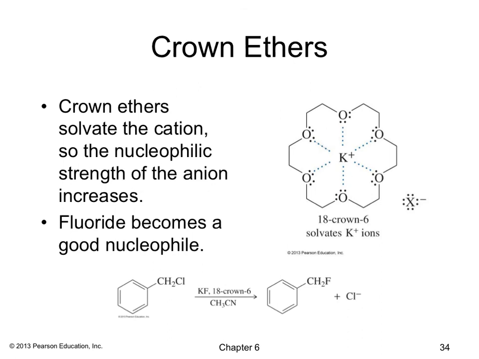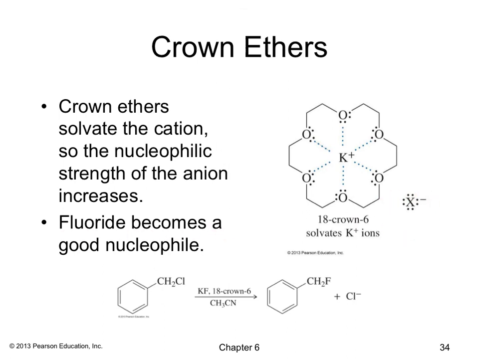Crown ethers. Crown ethers solvate a cation, so the nucleophilic strength of the anion increases. So for example, here's 18-crown-6. It'll solvate the potassium, allowing for the anion to be nucleophilic.